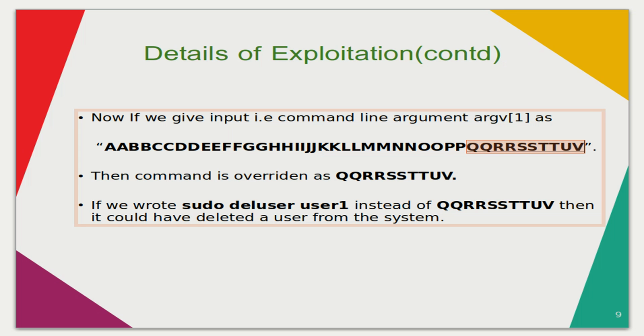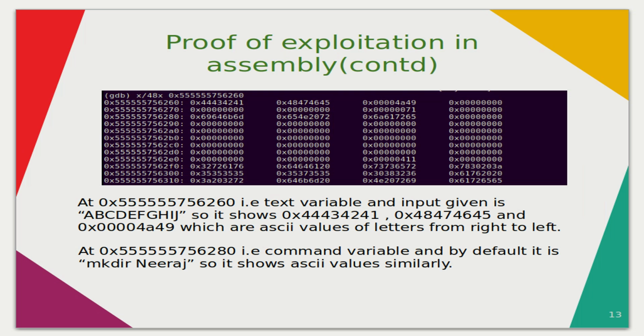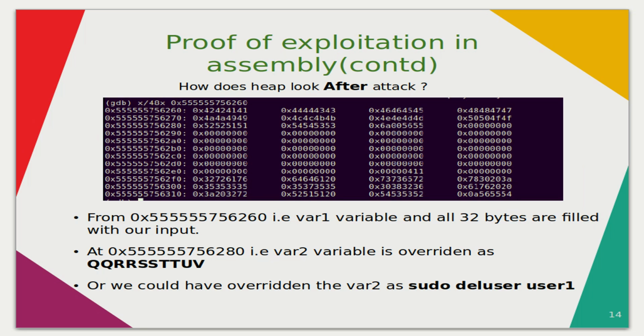For the proof, we can see the memory mapping. This is the heap area of the memory before the attack, and this is the heap area of the memory after the attack. Here we see that variable2 was starting from memory address 6280.